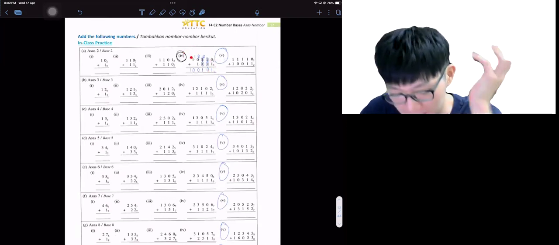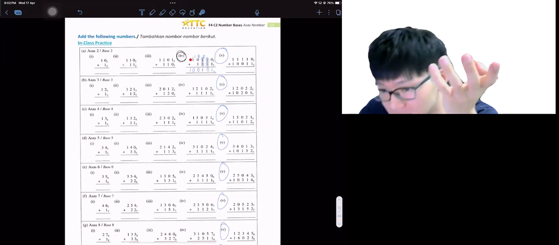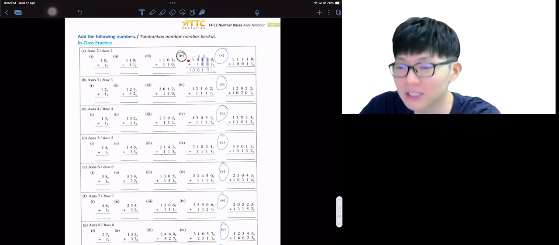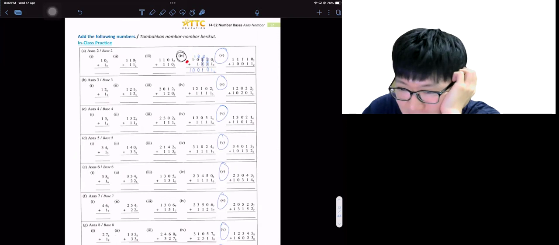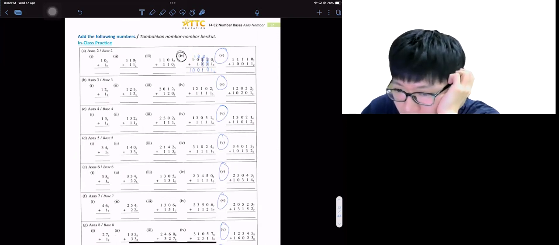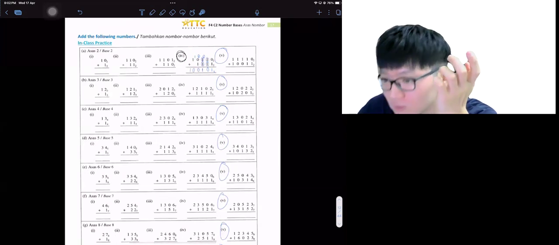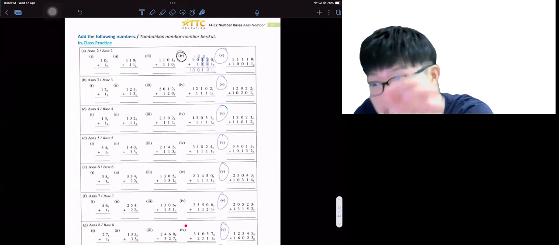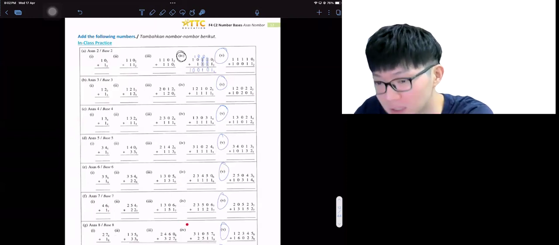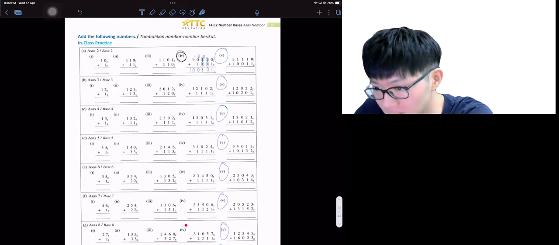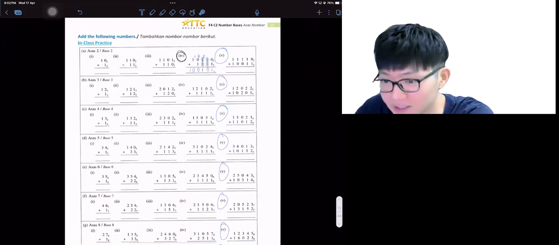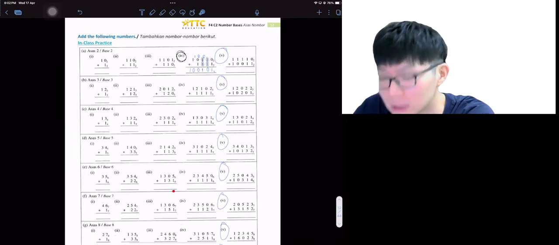So base 2 is on the calculator ma. Base 8, base 10 no need lah. What the heck? Base 10 is like the normal numbers you see. Okay. So for base 2, for base 8, you can cheat a little bit. You can press calculator, then write the answer. But the rest, sorry, do on your own manually.